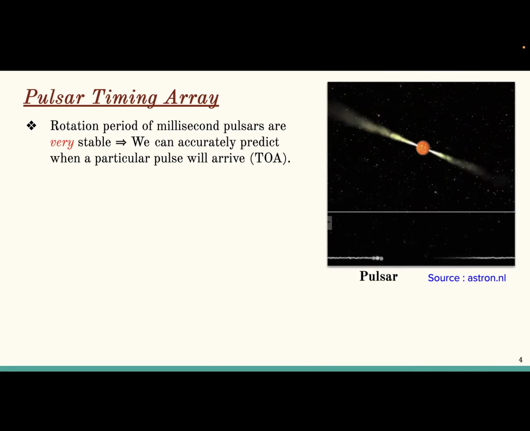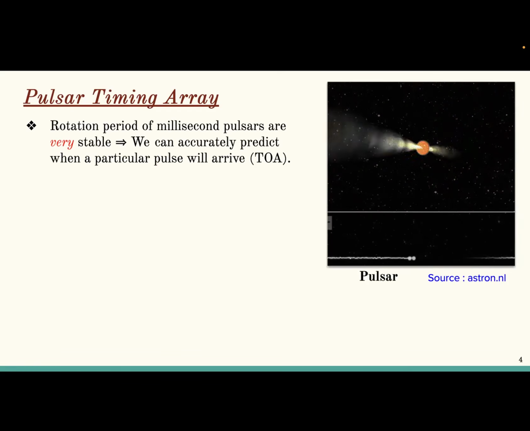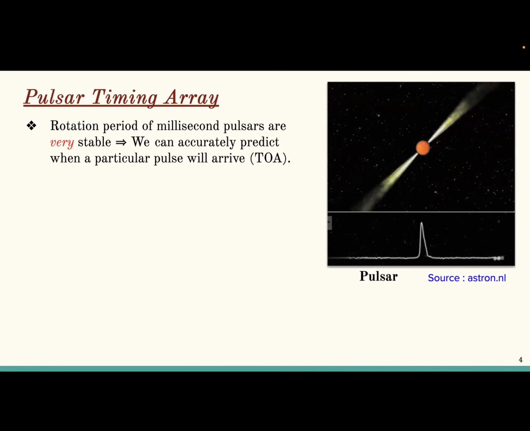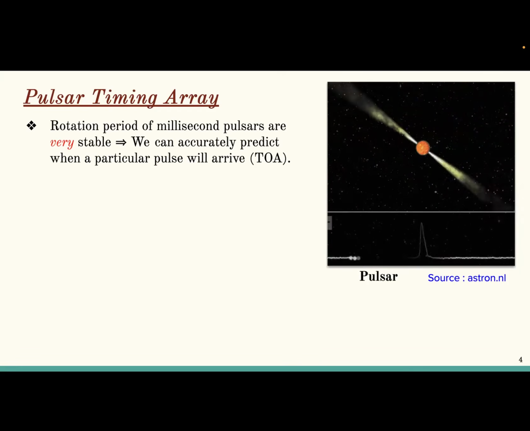For our purpose, we can think of it as very stable. So based on that, we can very accurately predict when a particular pulse will arrive at our telescope. The arrival time of a pulse is called TOA, or time of arrival, for short.